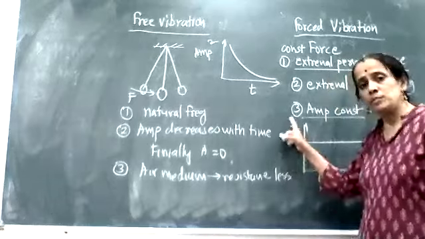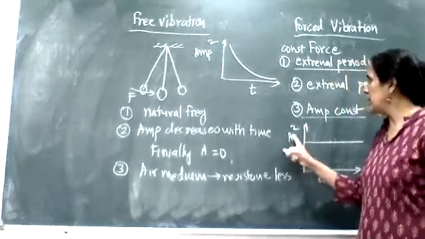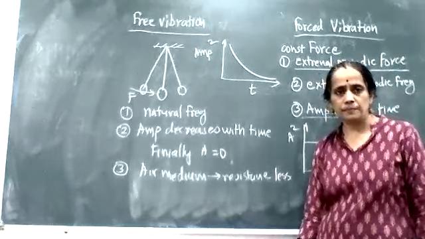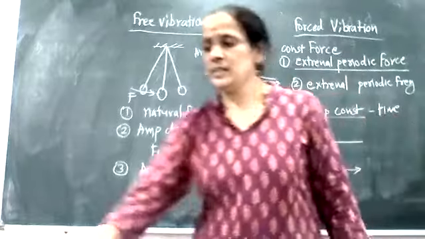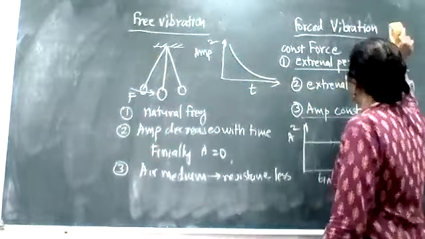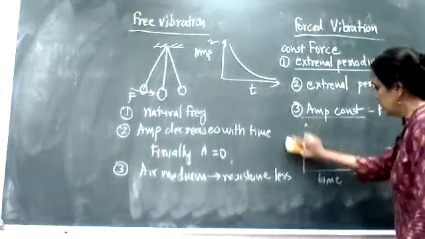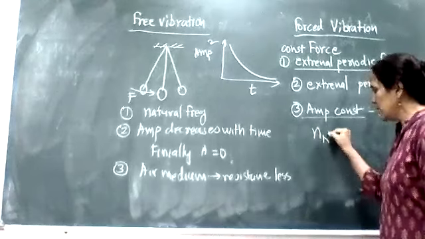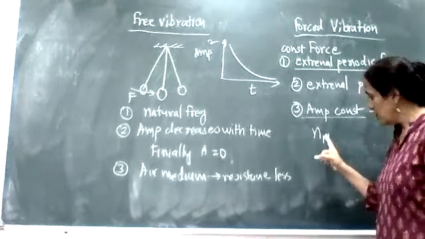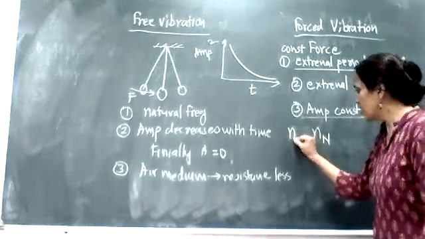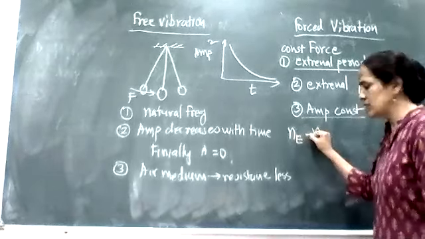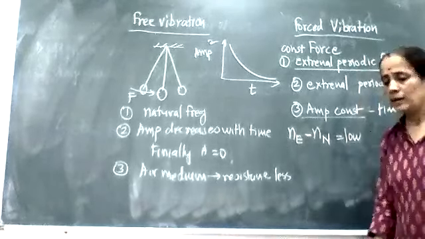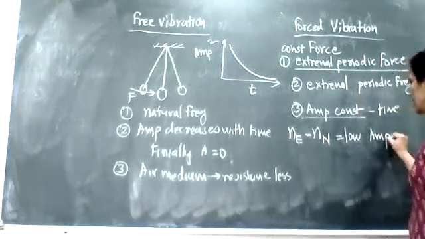Now the magnitude of this amplitude is dependent on the external periodic frequency and the natural frequency. How? If the difference between the natural frequency, capital N, and the external periodic frequency is low, then the amplitude of vibration is also low.